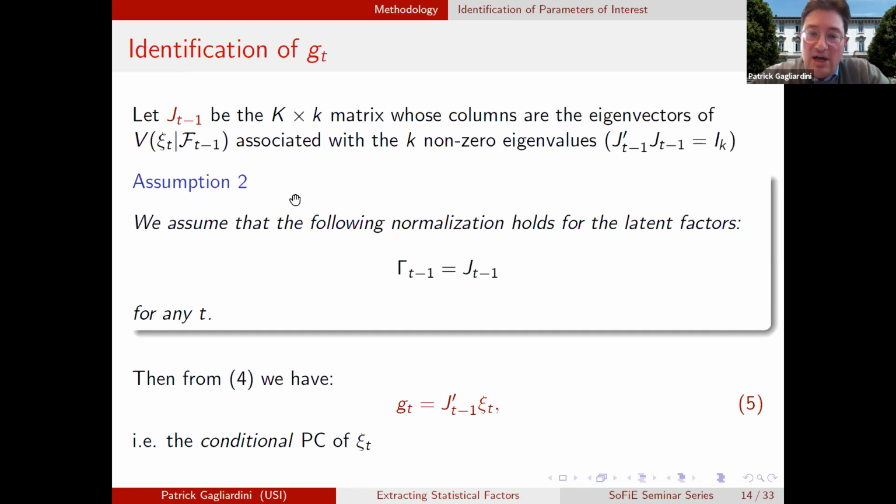assumption in which this cross moment matrix gamma actually coincides with the matrix of the eigenvectors associated to the non-zero eigenvalues of the conditional variance matrix of this instrument-weighted portfolio returns, which I can always achieve by a rotation of the factors.